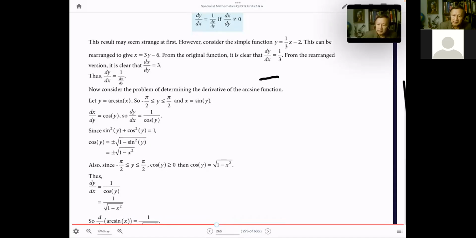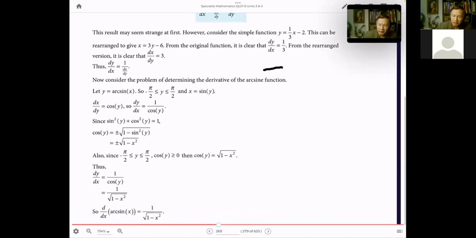This is just very brief. They show that from the original function we can obtain dy/dx, and therefore use the fact that dx/dy must be equal to 1/3, which is the reciprocal.